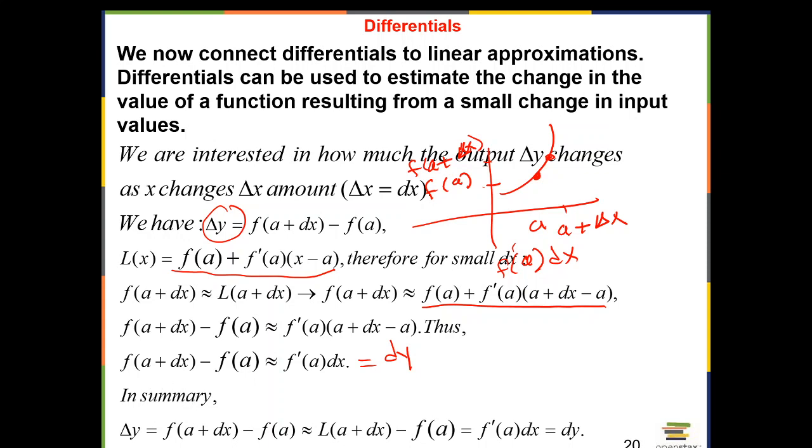So delta y is approximately the same as dy, right? So when we use dy as a function of dx, we are actually approximating delta y. When we write this, we're approximating delta y by dy using this function.